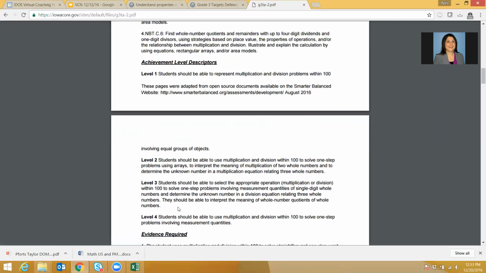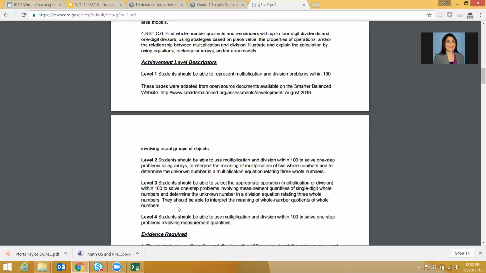a level 3, then the student should be able to select and use appropriate operation, multiplication or division within 100 to solve one-step problems involving measurement, quantities of single-digit whole numbers, and determine the unknown number in a division equation relating to 3 whole numbers.